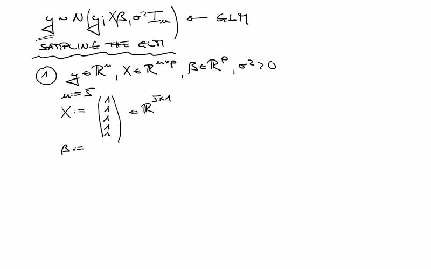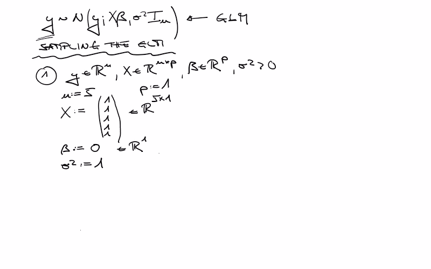So we define beta as 0, and we define sigma square as 1. And now we have defined everything that we need to define. This is one-dimensional, so we also know that our p is 1 in this case.